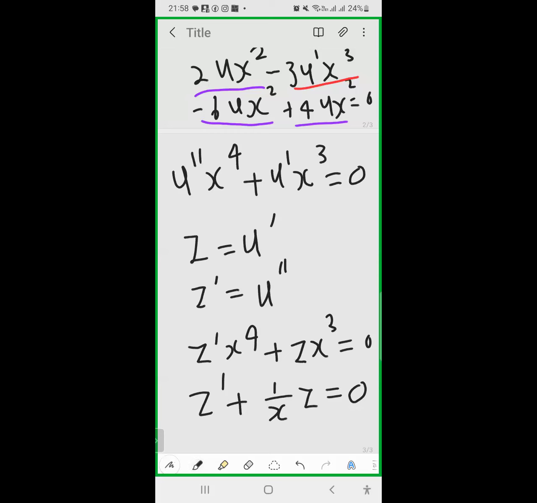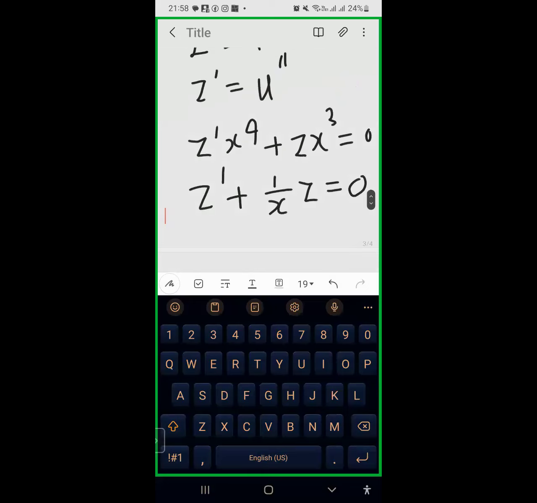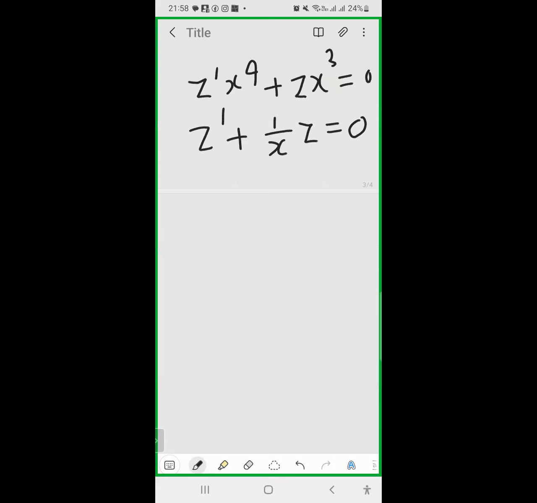So that is going to be z prime is equal to minus 1 over x times z, and this is our function in terms of x.